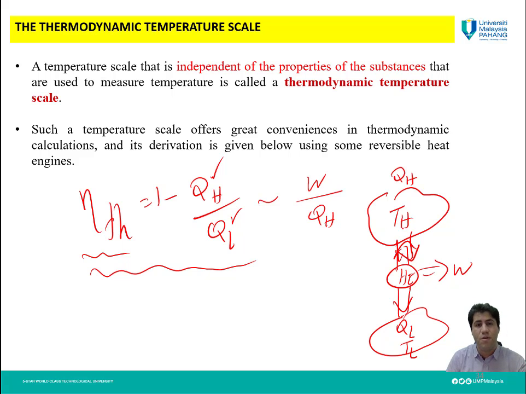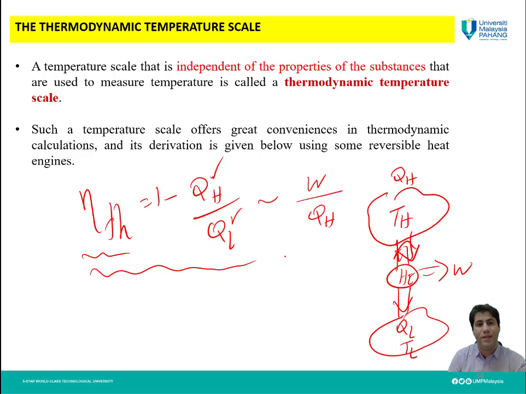Now, as you can see here, we may guess there is a relationship between QH and TH, the temperature of the reservoir. But for different reservoirs, because we may have different substances, QH is also dependent on other properties of the substances, not only temperature.